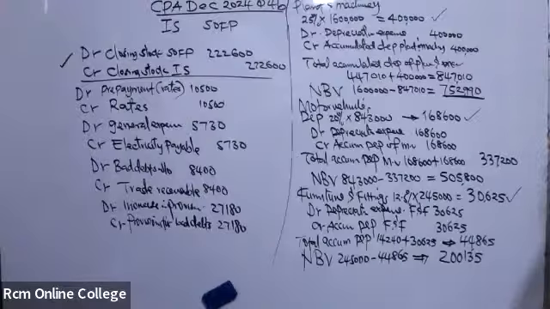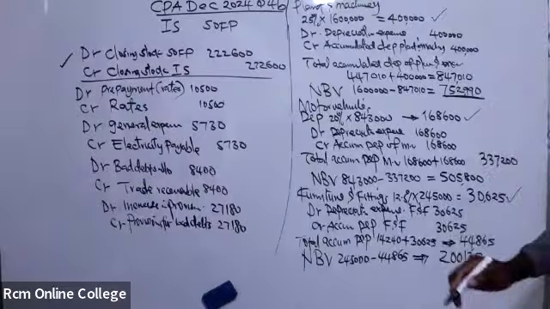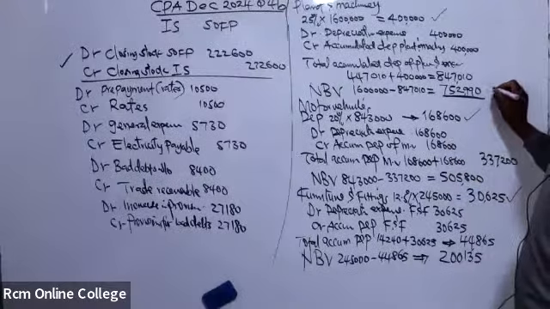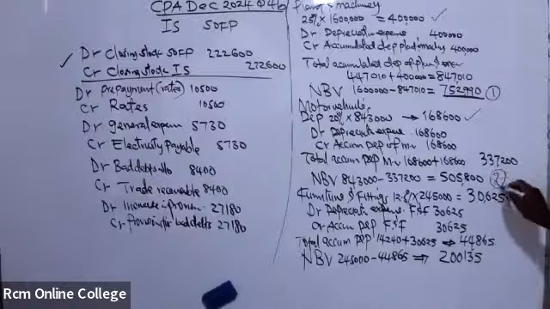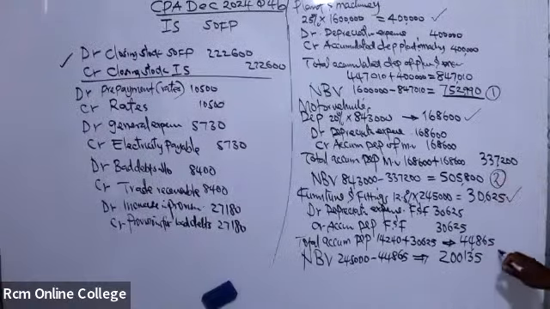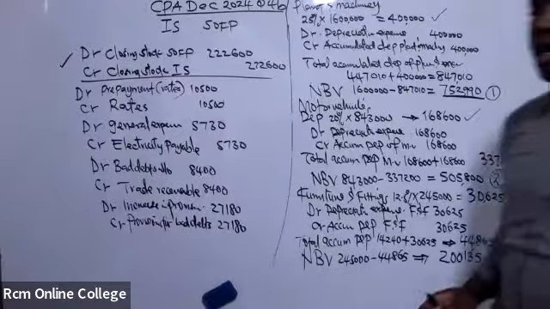That is in the income statement. In the statement of financial position, I will be requesting you to give me the net book values.